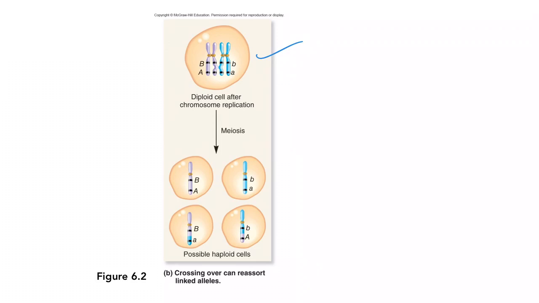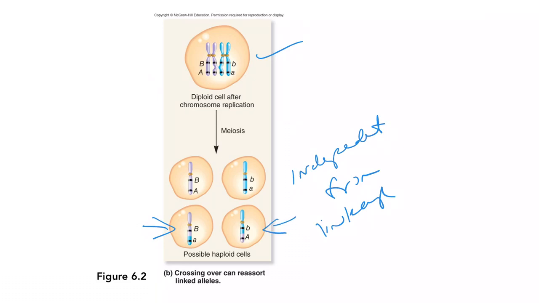So it's the same kind of pattern in that sense, but as we will explore further, how we can differentiate independent assortment from linkage and crossing over. So these haploid cells contain a combination of alleles that are not found in the original chromosomes, as demonstrated by this haploid gamete and this haploid gamete.